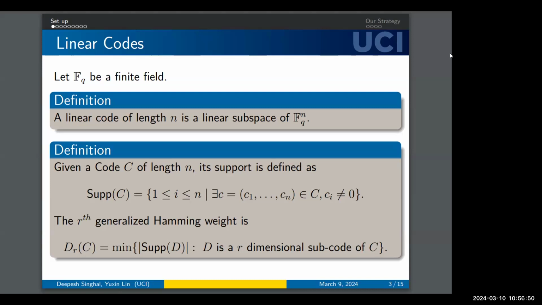And then the rth generalized Hamming weight: we go through all the r-dimensional subcodes of C. C itself was a vector subspace, and we look at all r-dimensional subspaces of C and take the smallest size of support. It's called the rth generalized Hamming weight. If you take r to be 1, that is simply known as the Hamming weight.